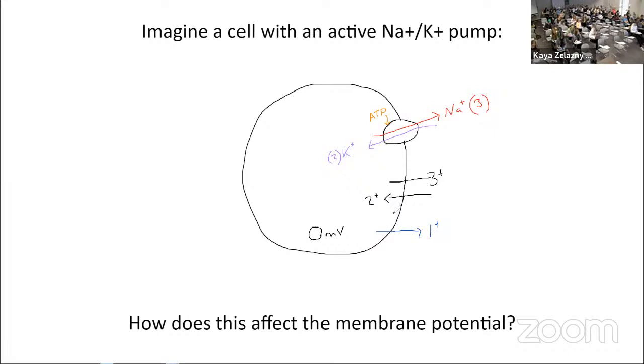So we're removing positive charges overall from this cell. Removing more sodium, more positive charges than we're replacing with the potassium coming in, means that this membrane potential is going to start dropping down as we run that sodium potassium pump.